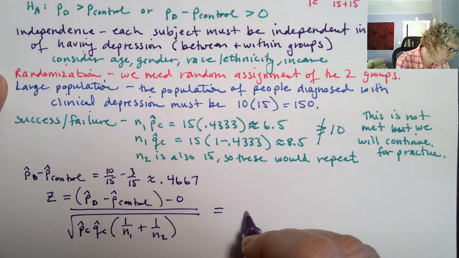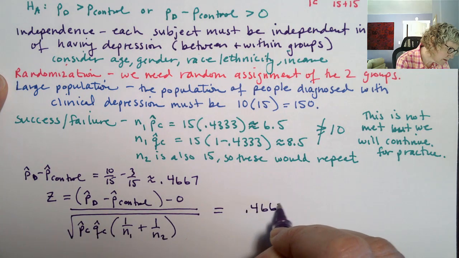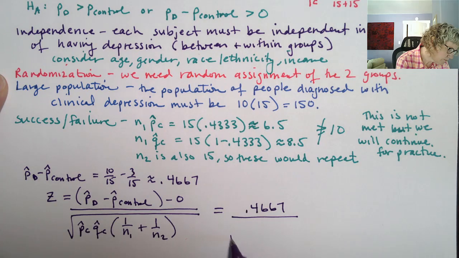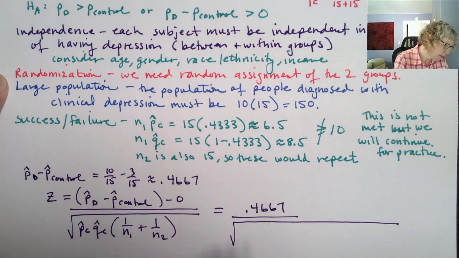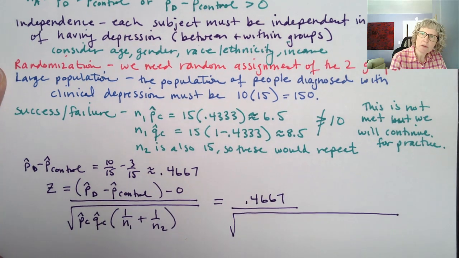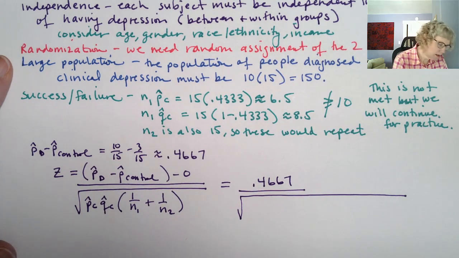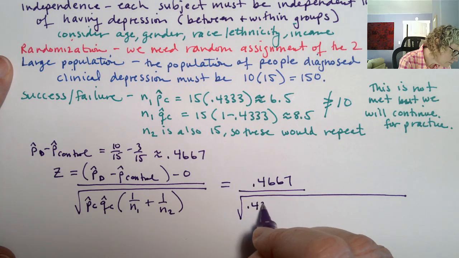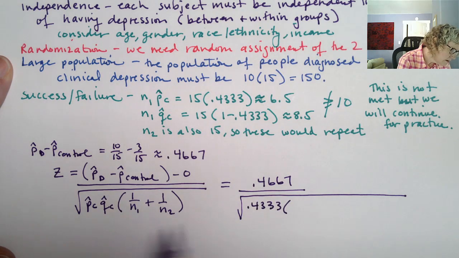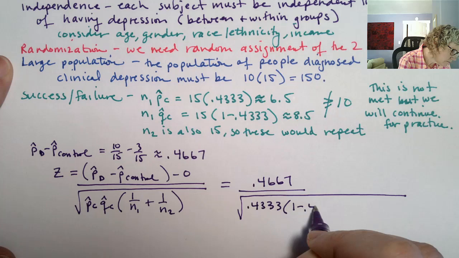So on the top we have 0.4667. And then we have our p hat combined is 0.4333. Then 1 minus that.